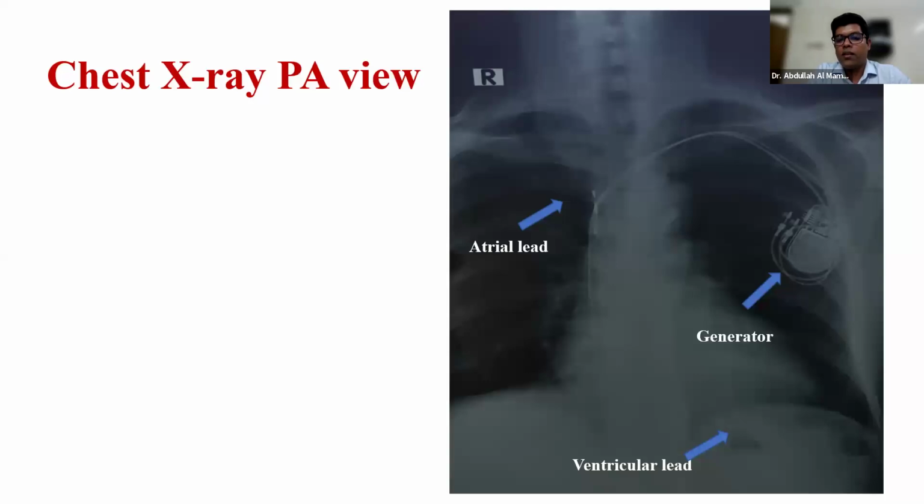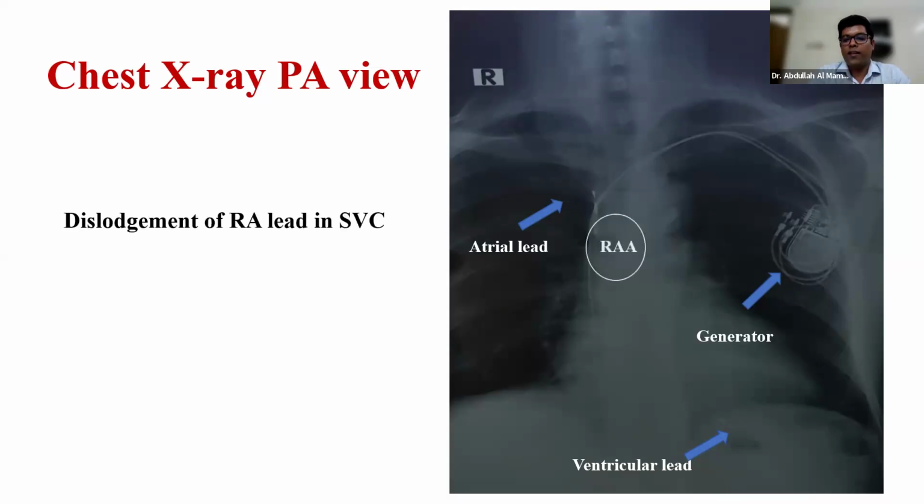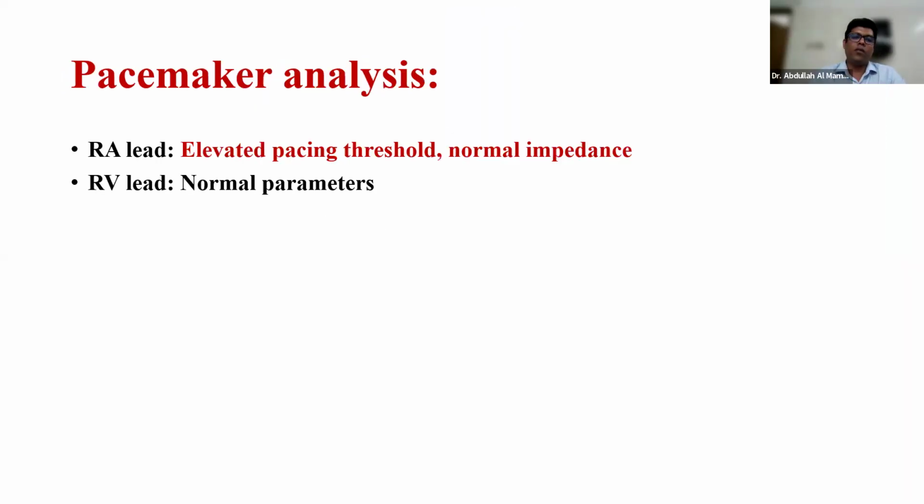But look at the atrial lead. It is dislocated into the lower part of the superior vena cava. It is supposed to be in the right atrial appendage, within the cardiac silhouette. So the chest X-ray finding is dislodgement of the RA lead into the superior vena cava.